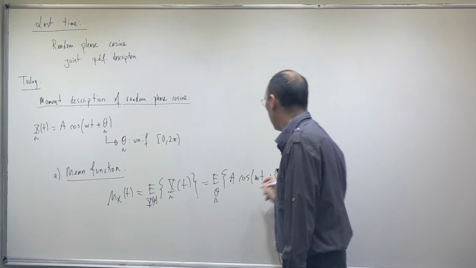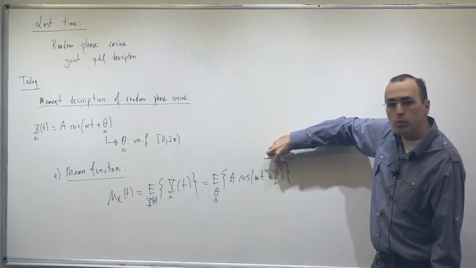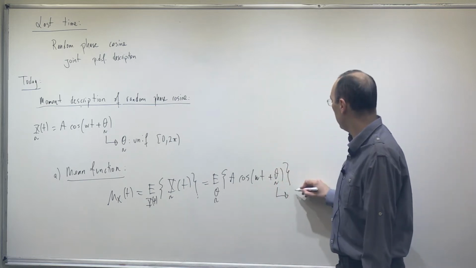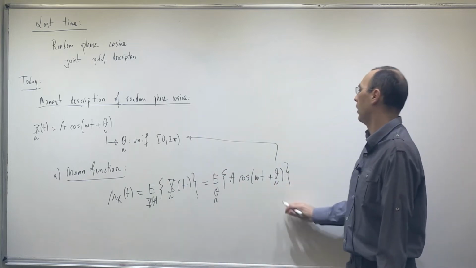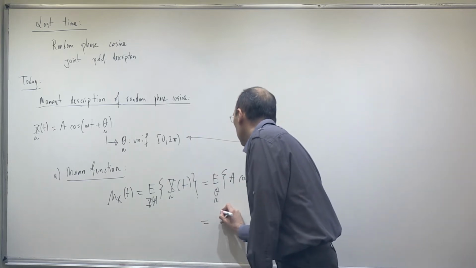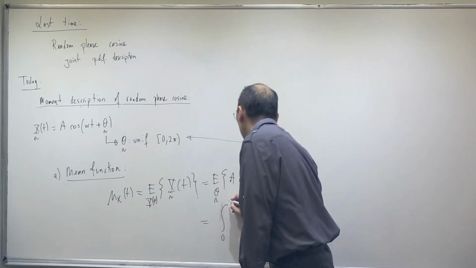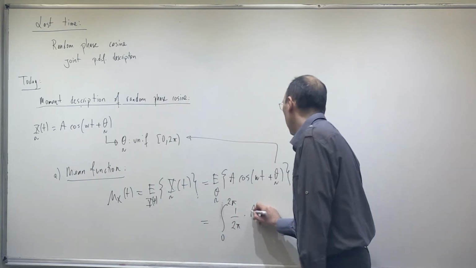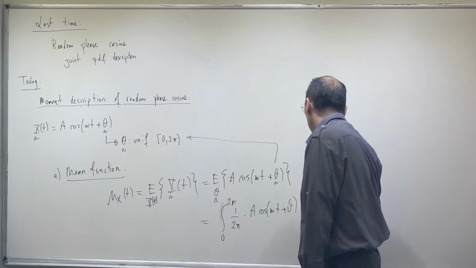And you see inside the argument of the expectation, there is only one random quantity, theta, and I know that this is distributed with this. Then I can write this as the integral from 0 to 2 pi of 1 over 2 pi, a cosine omega t plus theta, d theta.